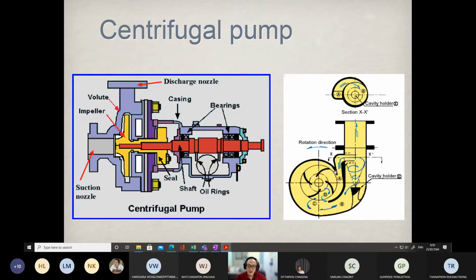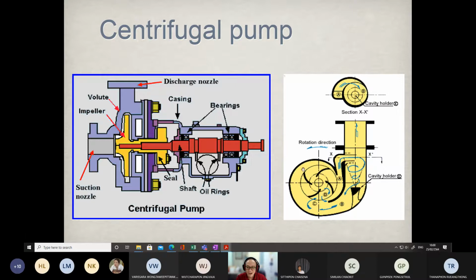In the design of the centrifugal pump, you see this is the impeller, with a round shape. Then the distance measured from the edge of the impeller to the casing wall is very small here, and then gradually increases at a constant rate.